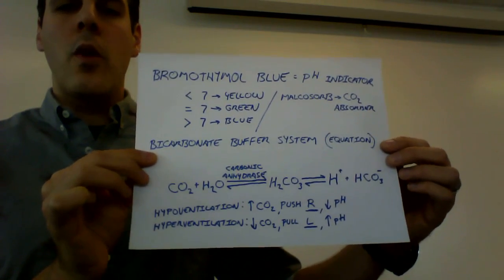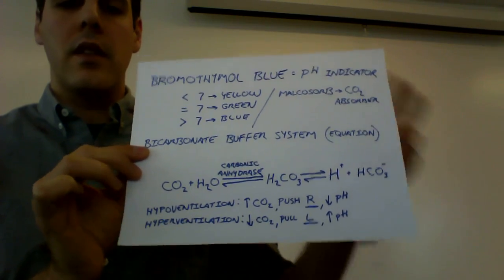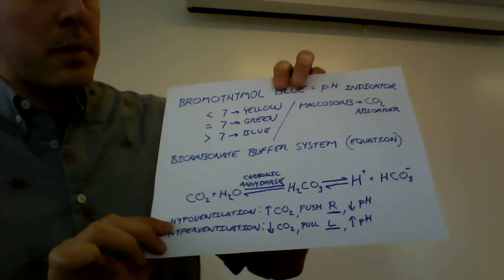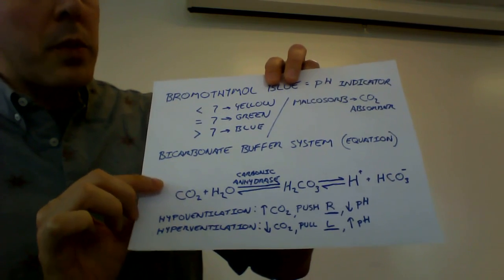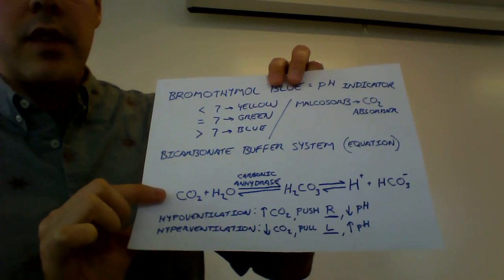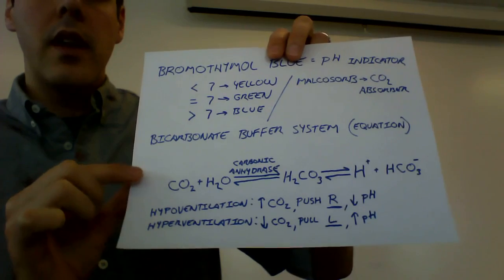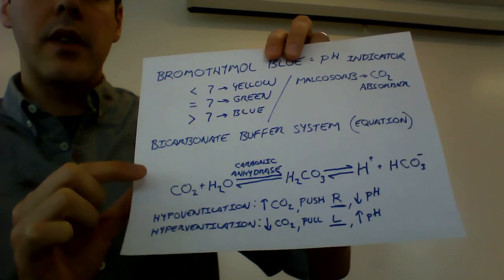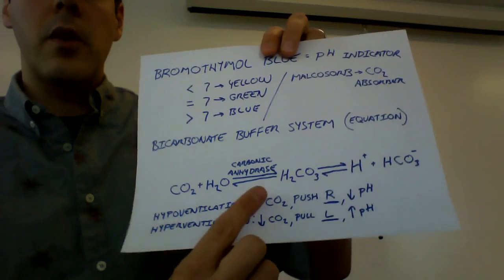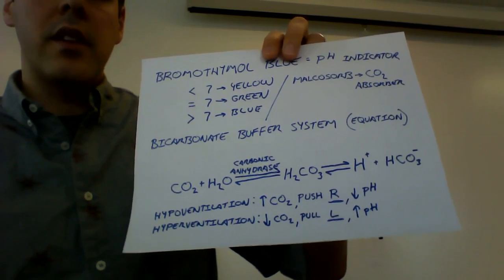We're going to go over what's called the bicarbonate buffer system, the equation involved with it. What we're looking at is a reaction that occurs in our blood. In our red blood cells we have an enzyme called carbonic anhydrase, and that enzyme acts as a catalyst for this reaction.